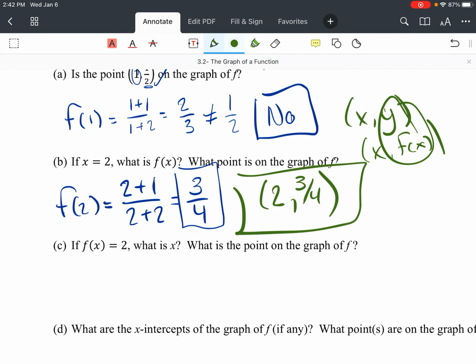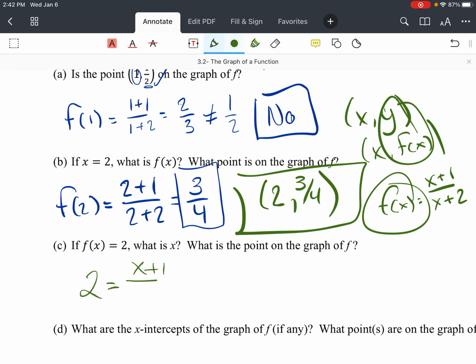Well, this next one says, if f of x is equal to 2, what is x? So recall that f of x is equal to x plus 1 over x plus 2, right? So if f of x is equal to 2, then all I'm going to do is take that f of x and replace it with the 2. So I'm going to say 2 is equal to x plus 1 over x plus 2.